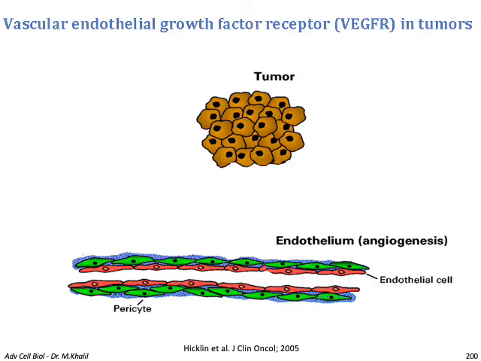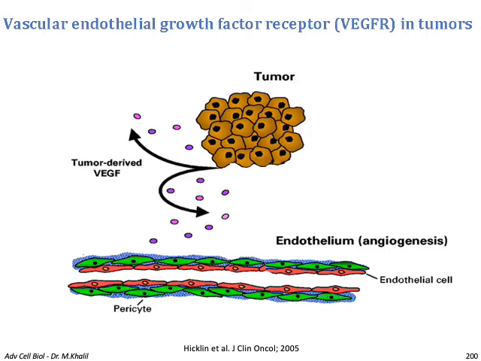So for the vascular endothelial growth factor receptor, VEGF, in tumors, you can see here normally the tumor is inside, has not metastasized yet, and you have the bloodstream represented by the blood vessel. You have the endothelial cells, you have the pericytes. So the tumor itself will start to secrete tumor-derived VEGF, vascular endothelial growth factor.